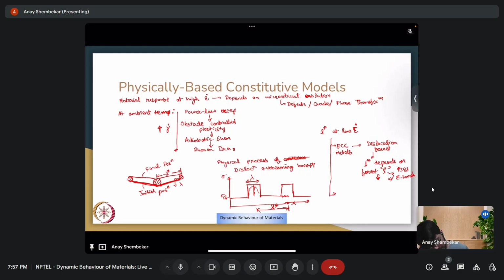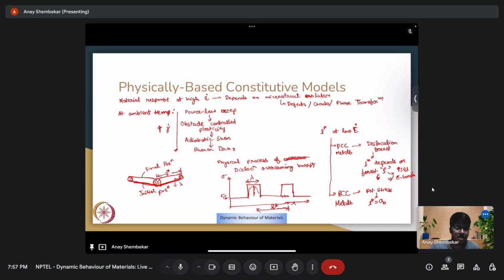The other type is BCC metals. Here, the predominant short range obstacle is the Peierls-Nabarro stress, which means L star equals a naught, which makes it independent of plastic strain.